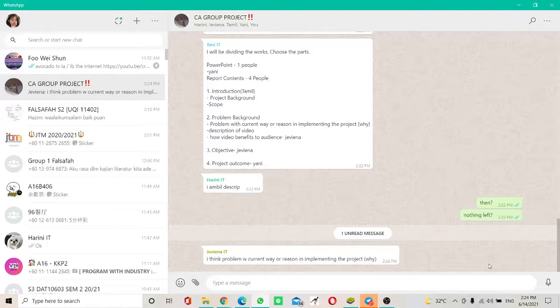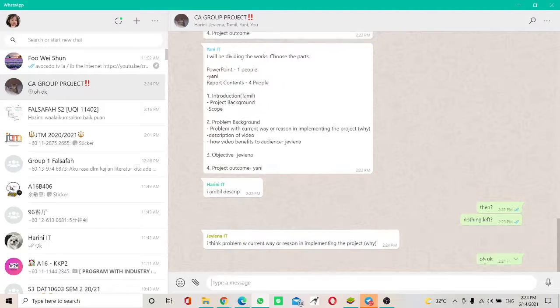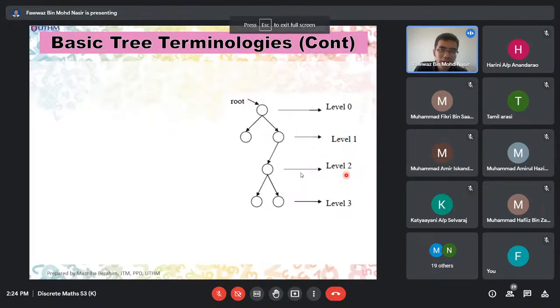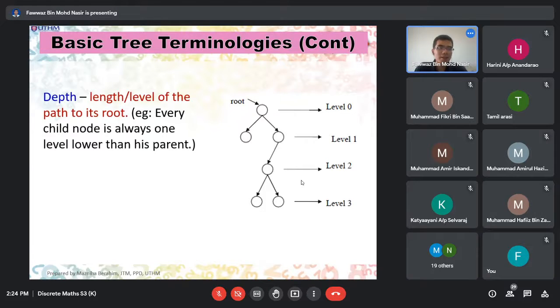Kemudian the grandchildren of the root adalah level 2, and so on. Each of these nodes kita boleh categorize ikut level. Dari segi kiraan level, root adalah level 0.